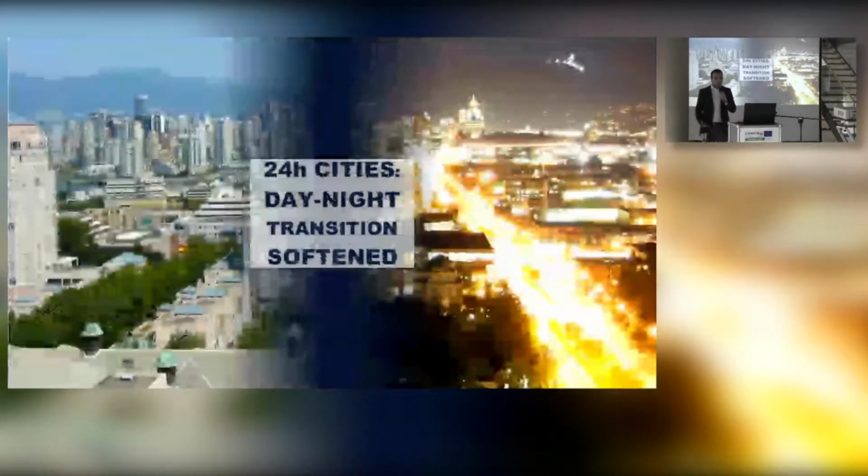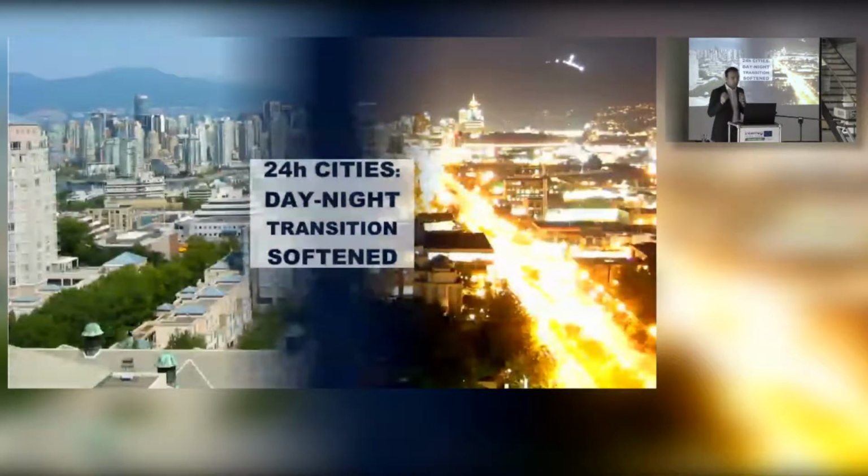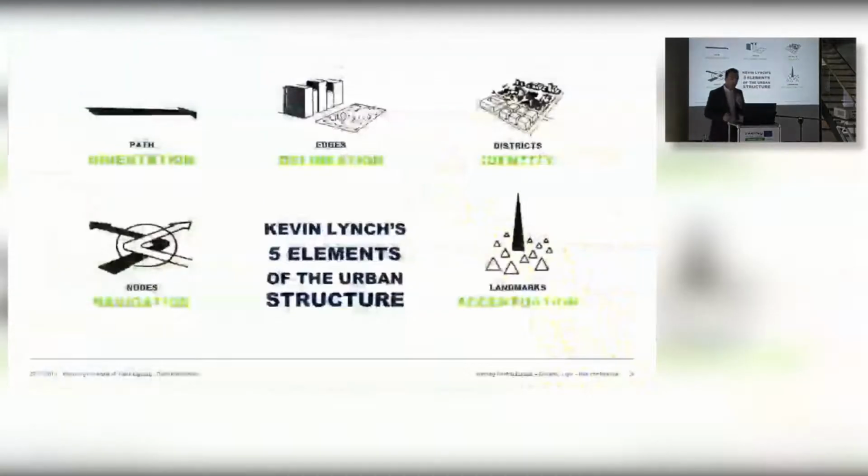And we have this topic, 24-hour cities, where the day and night transition is completely softened. There is no more a differentiation between the day and night under social aspect, under economical aspect, and so on. And we should take this into consideration.